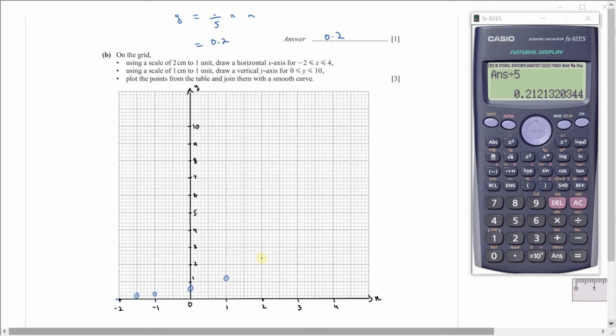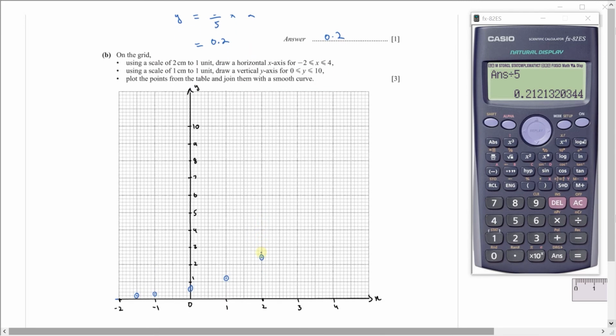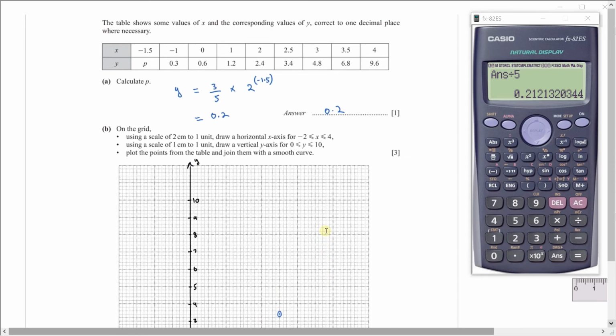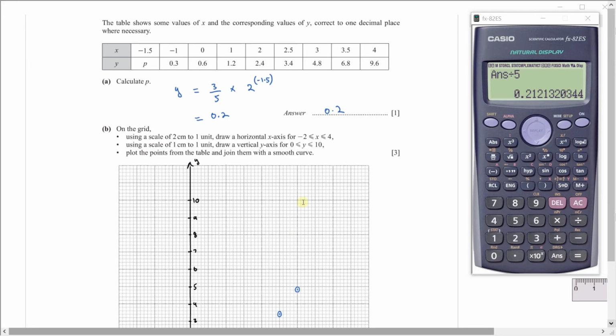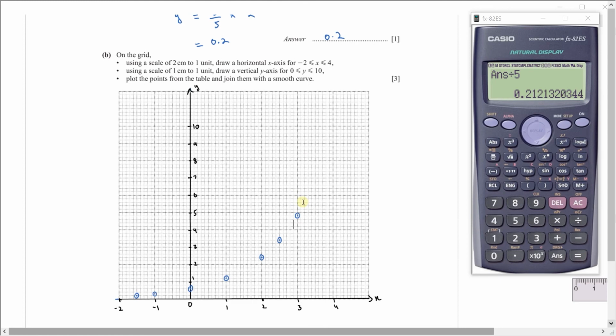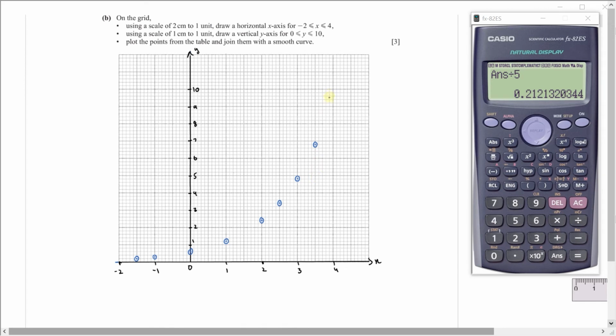2 and 2.4. 2.5 and 3.4 will be this. 3 and 4.8. 3.5 and 6.8 will be this. 4 and 9.6 will be this here.